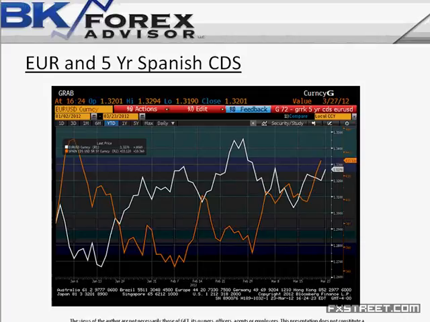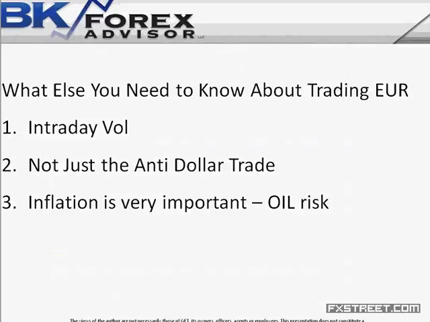That emphasizes the importance of watching Spanish and Italian bond yields and CDS spreads every single day, even if it's just in the morning. Usually CNBC or Bloomberg or any of the major news media will be talking about it, because that will give you a good sense of the bias of how the euro dollar could trade to begin with.